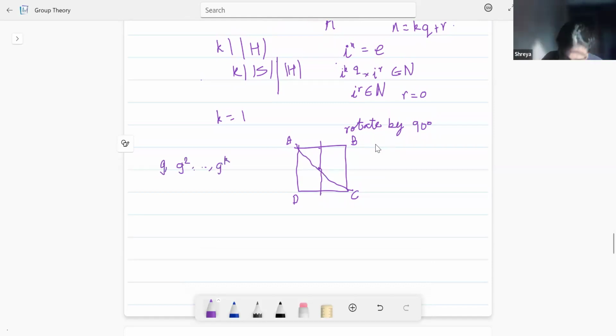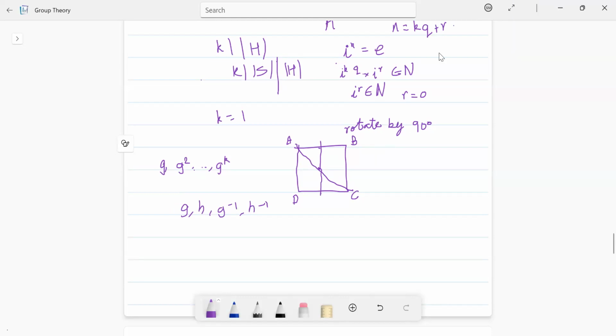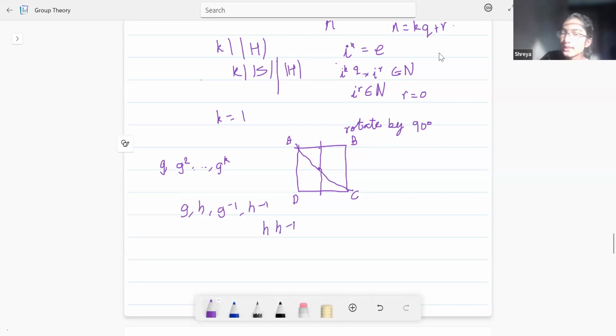In free groups, let's say you're given two elements, G and H. You'll have G, H, G inverse, H inverse, and then all the finite sequences of these. No non-trivial equalities are found. All you do is, if you have H inverse H, you cancel it, and that's all you can do.